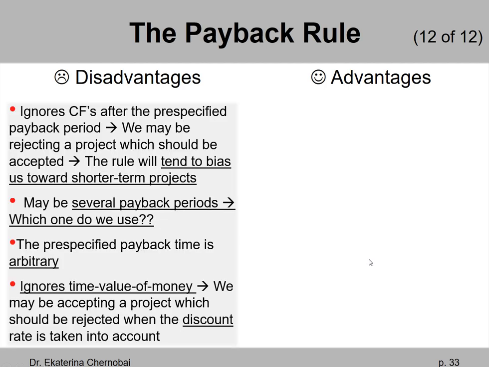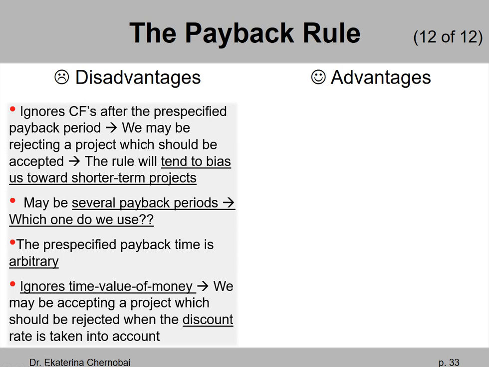To summarize, there are several big issues. First, in the first example in which we had to compare two projects and pick the best one, we saw how cash flows after our cutoff, the required payback period, are being completely ignored.